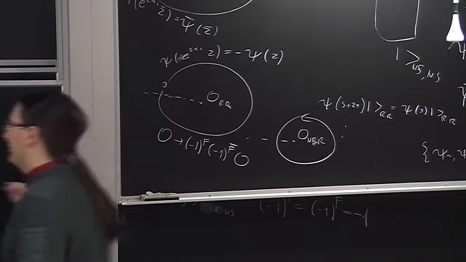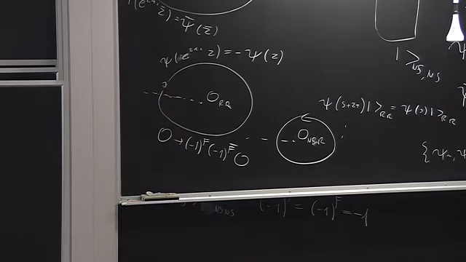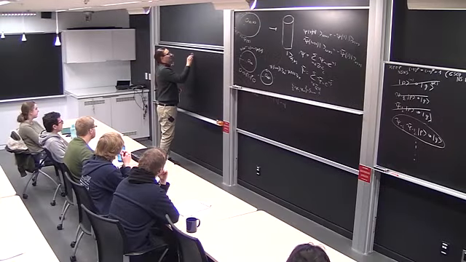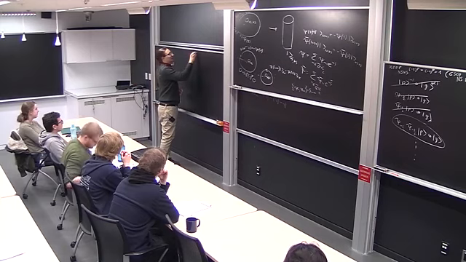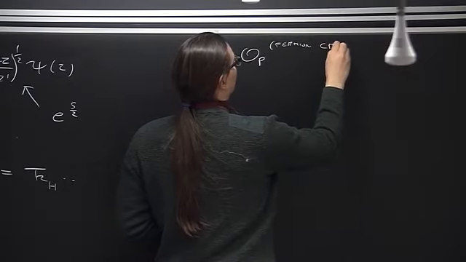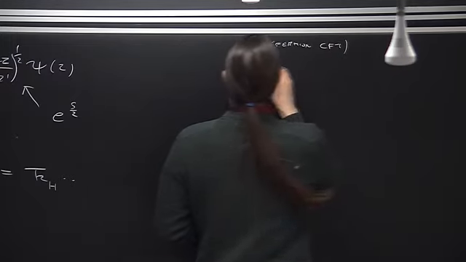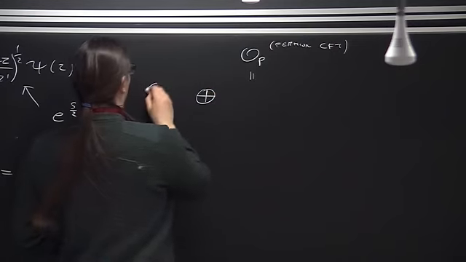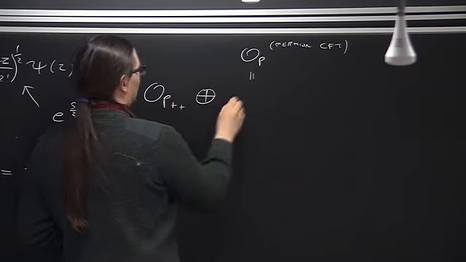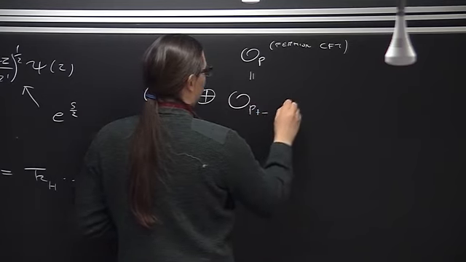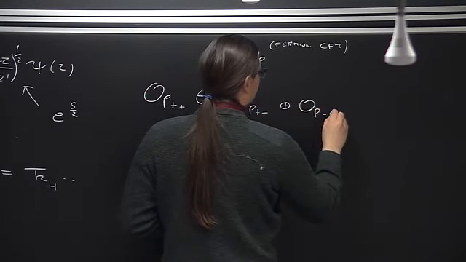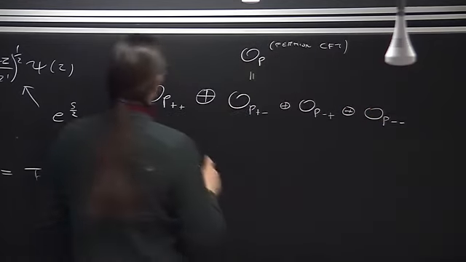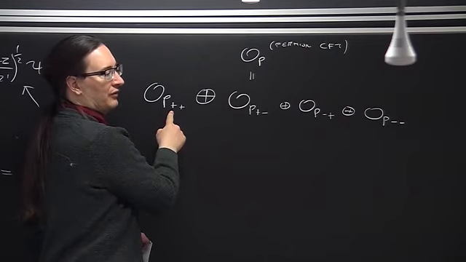Sorry, let me just step back. Okay, so I have an origin. I have my initial theory, the theory of fermions. This theory has a collection of operators. I can decompose it as a direct sum, depending on the action of (-1)^F and (-1)^F bar.